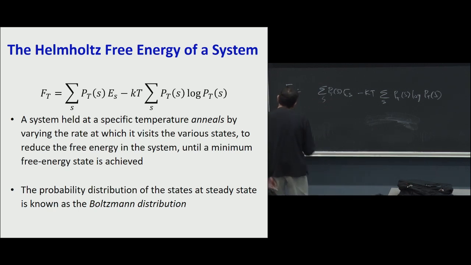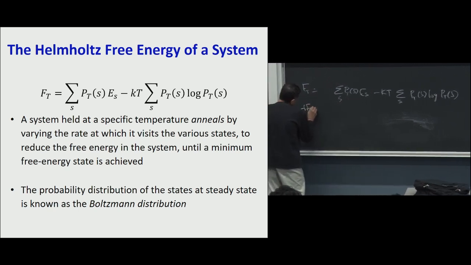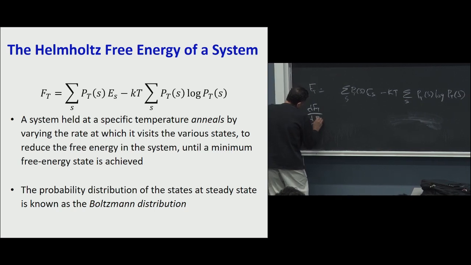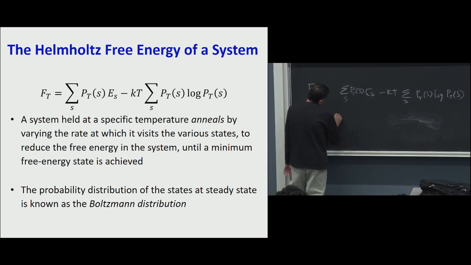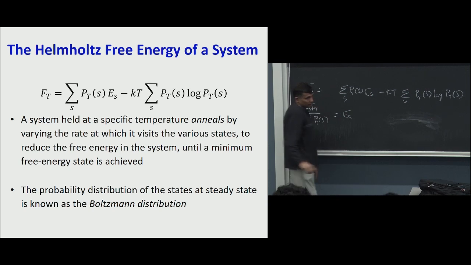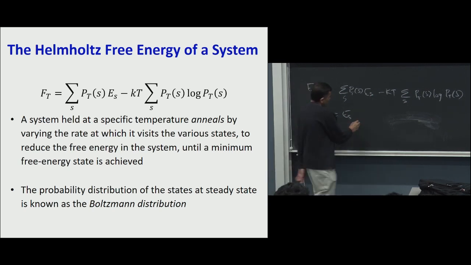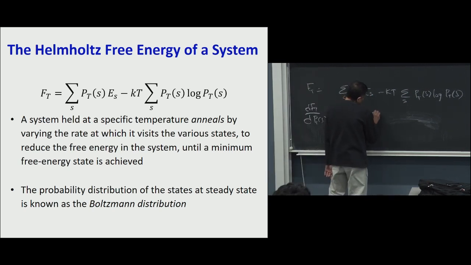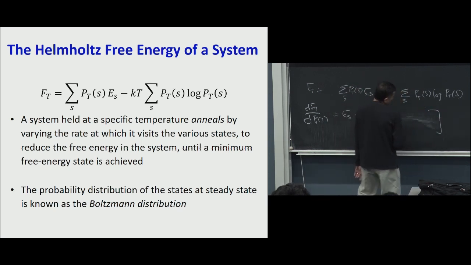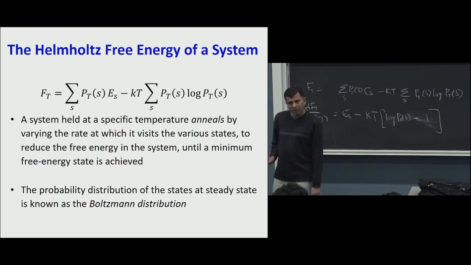So if I do that, dF over dP_t(s) is going to be E_s for any particular state, minus kT times, and what is this going to be? That is going to be log P_t(s) plus 1. Is that the correct answer?